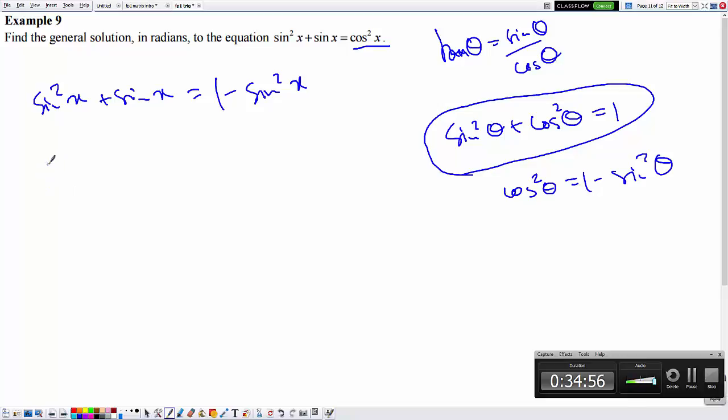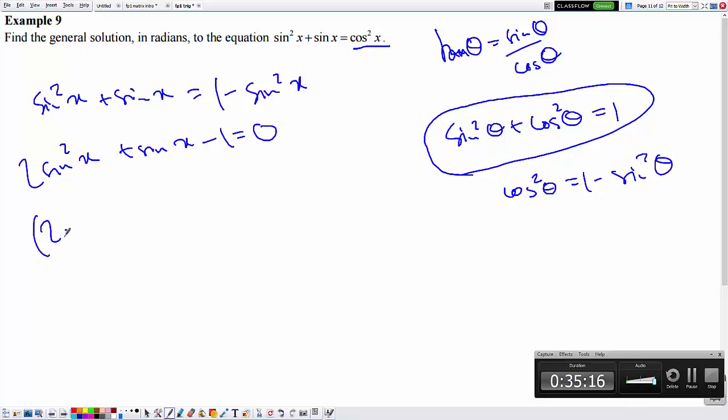Let's rearrange this. Now you should be thinking a quadratic, so you add sine squared to both sides and you get 2 sine squared x plus sine x minus 1 equals 0. Can we factorize this? Hopefully we can.